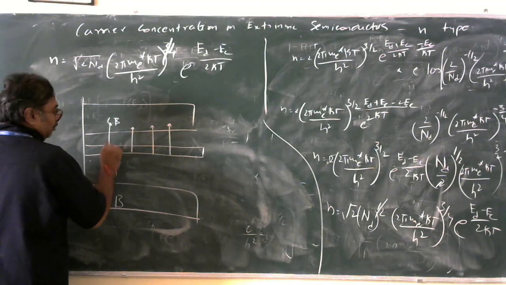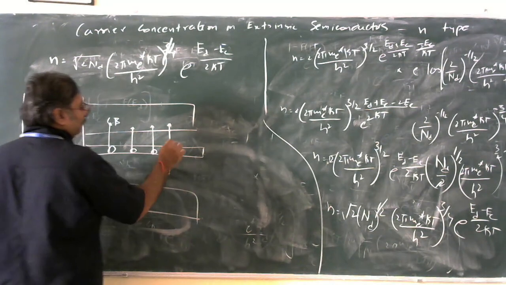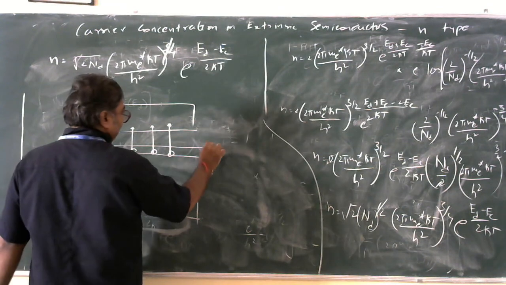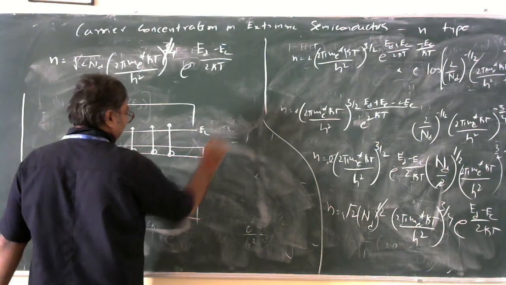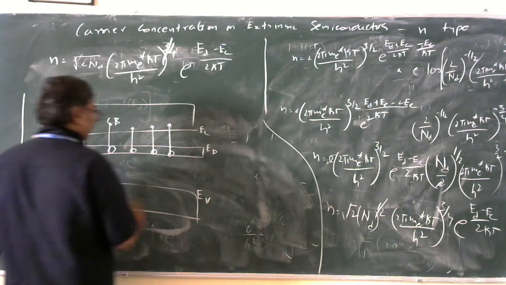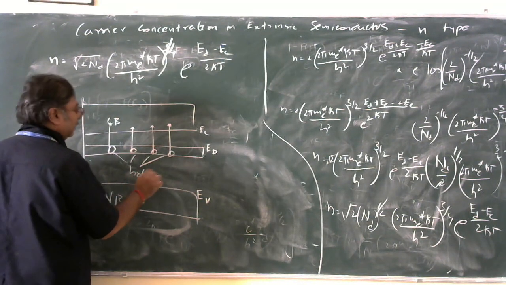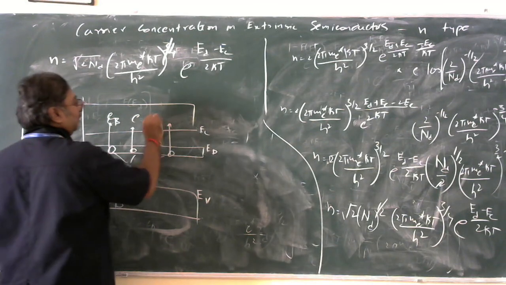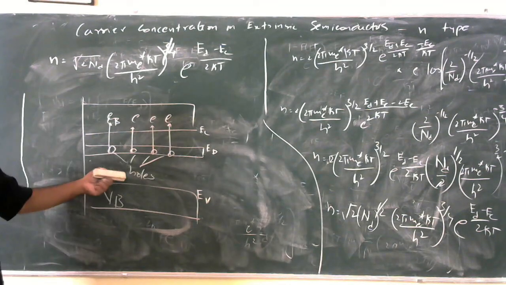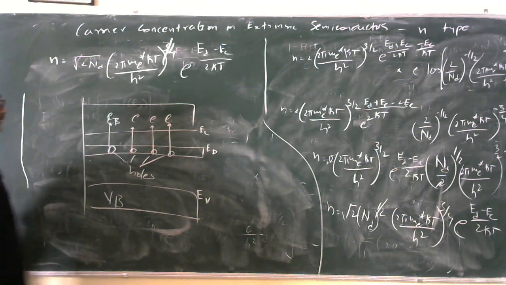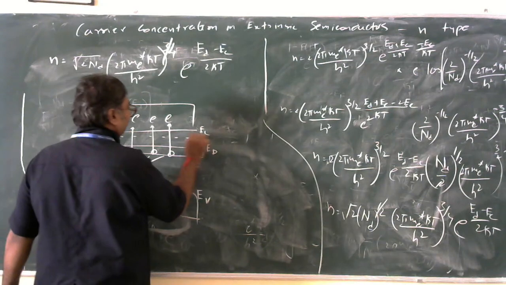So here holes are available in the donor level, let us call it ED, EC and EV. Here we have holes, and here we have electrons. So here the number of holes in the donor level equals the number of electrons in the conduction band. So the Fermi level is exactly in the middle of this, somewhere here.